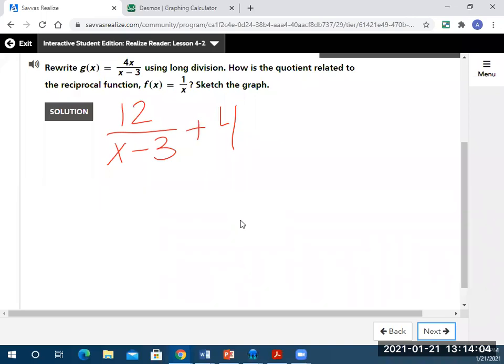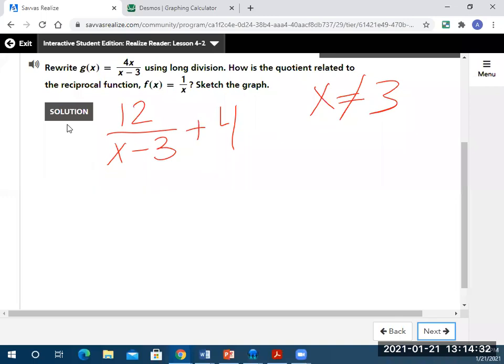Can anybody tell me what the domain is? And you can actually tell the domain and the range from this function that we have here right now and from the original function as well. Okay, so 3, yeah, x does not equal 3, right? X does not equal 3. That is my domain. Does everyone understand why?